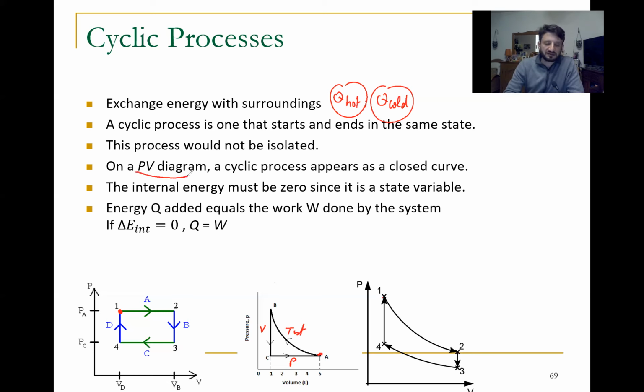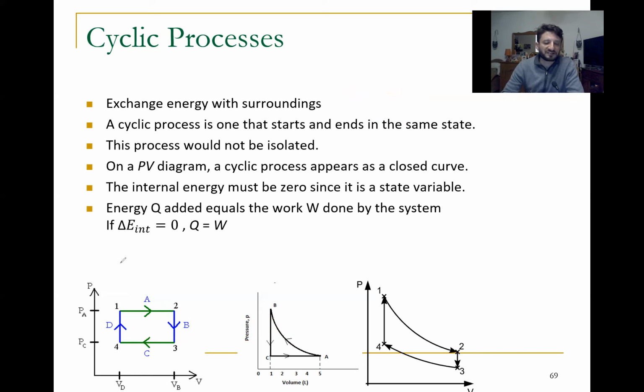In the PV diagram, the cycle process appears as a closed curve. As you know, it's a closed curve, not open. The internal energy change must be zero. It's a very important point. For example, here we have a cycle.